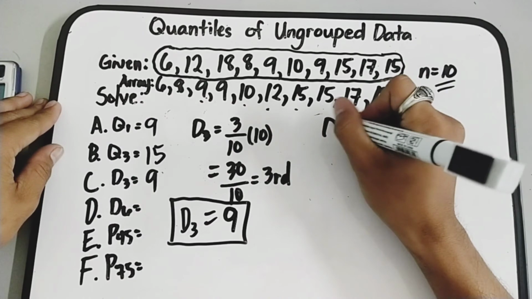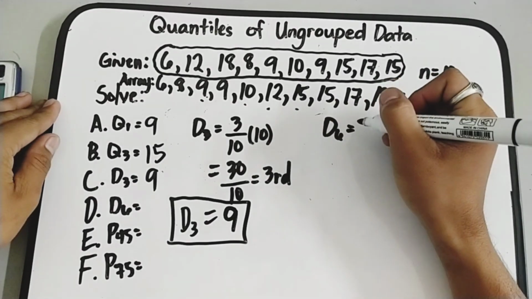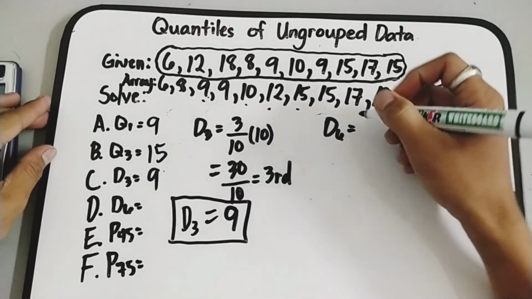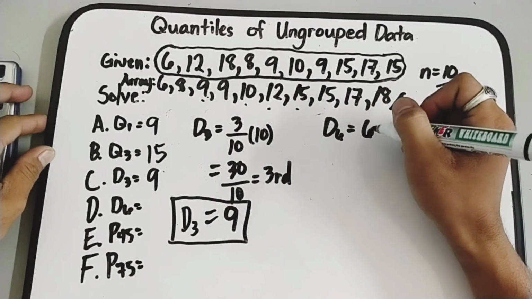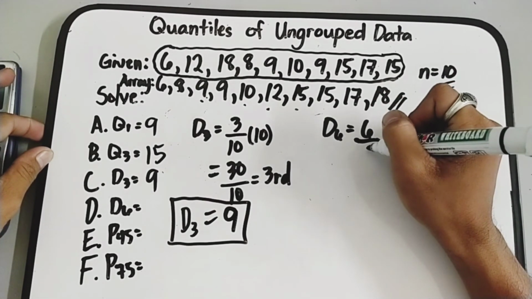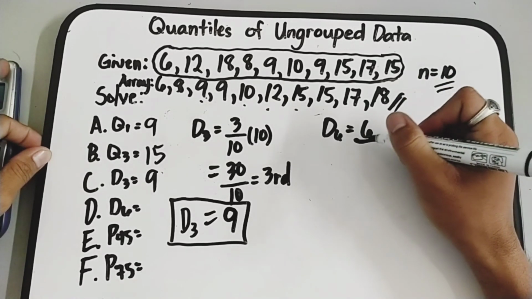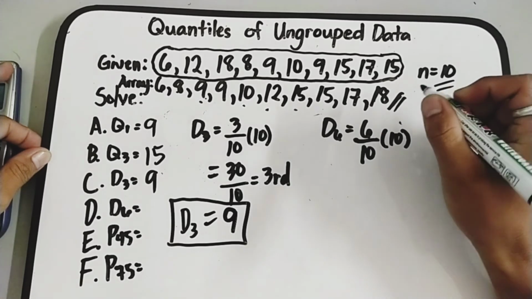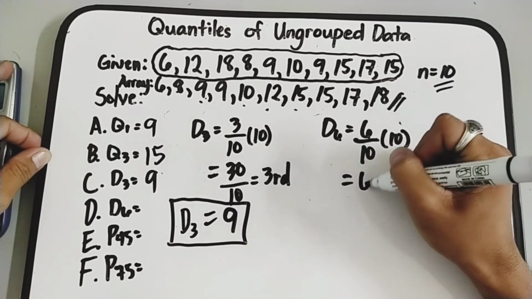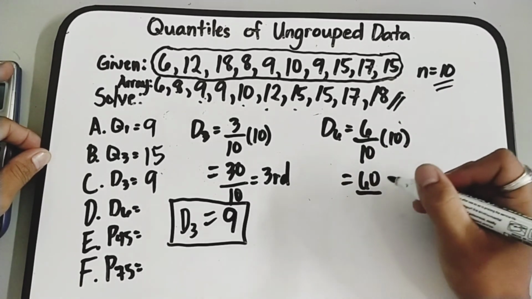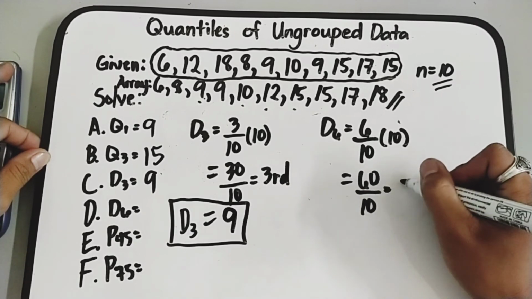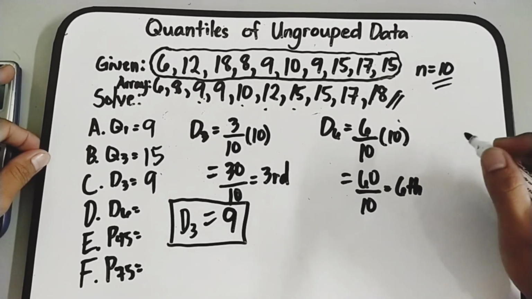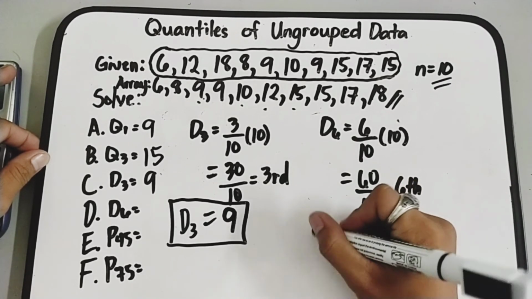Now, how about decile 6? Madali kunin yung decile kapag kagantong 10 lang din naman yung data mo. Therefore, kung decile 6 yung hanapin mo, yun na din yung pang data na kukunin mo. So, you have 60 all over 10, which is equals to 6, or the 6th score.